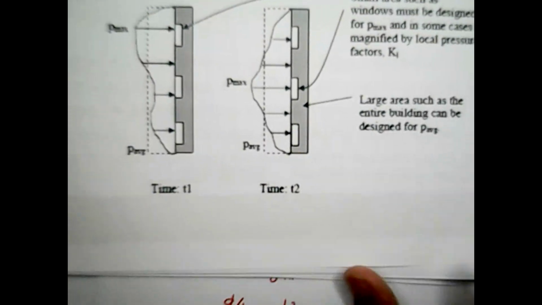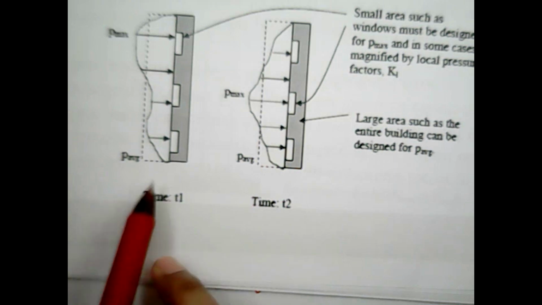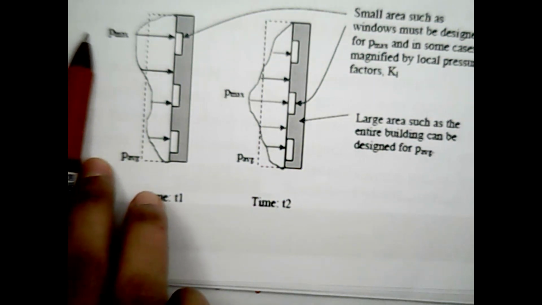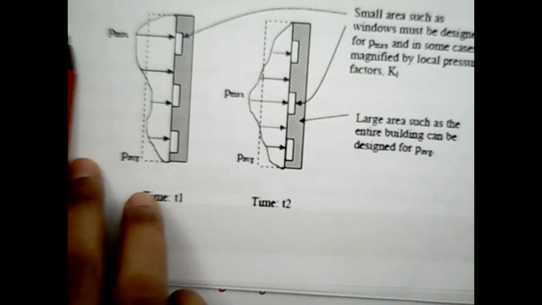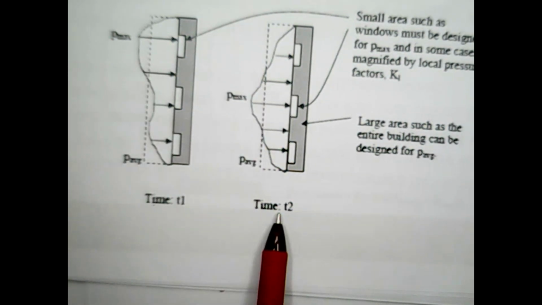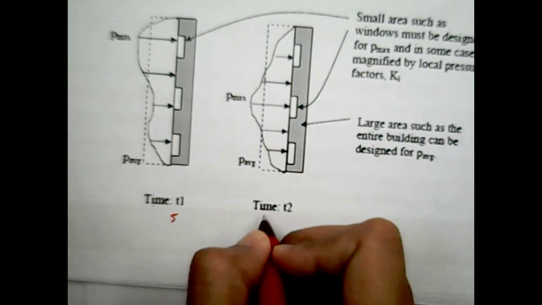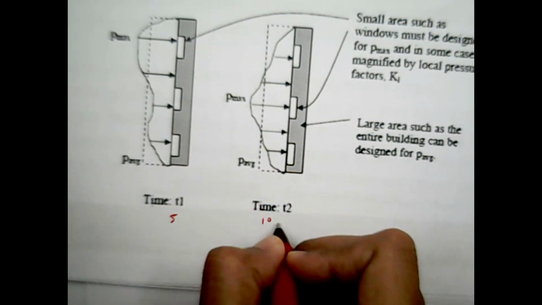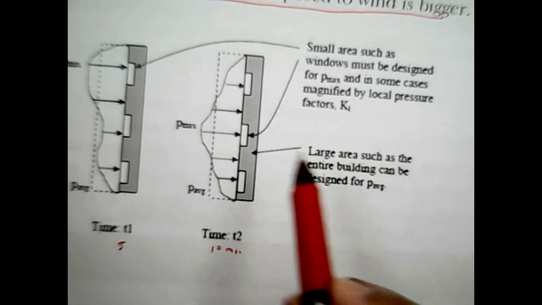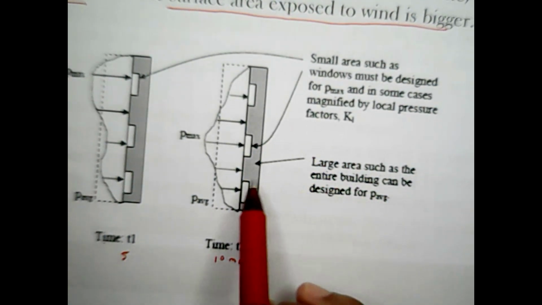So as you can see here, at time t1 the average pressures come in, and at time t2, for instance this is 5, and then this is 10 minutes later, you can see that large areas such as the entire building can be designed for P average.